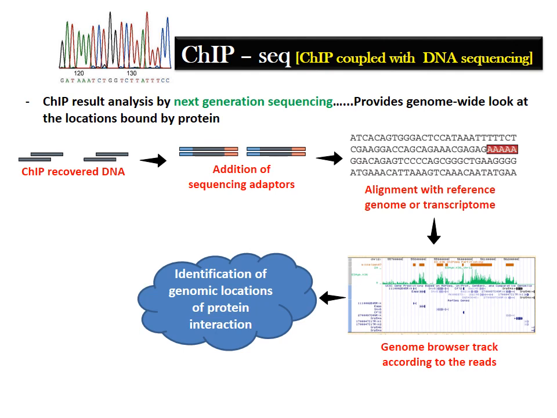It is followed by DNA sequencing, and after sequencing it is aligned with the reference genome or transcriptome, and based on the alignment scores the genomic browser tracks are made, which give us the idea of all the locations throughout the genome bound by the proteins. So it infers the identification of genomic locations of the protein interactions.